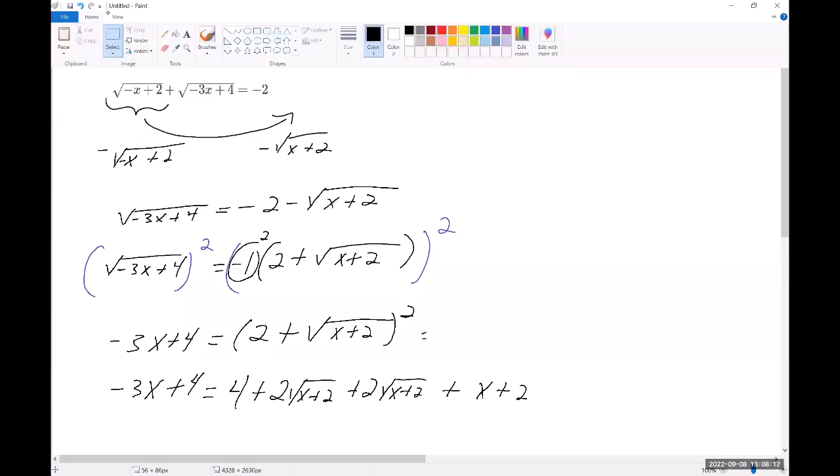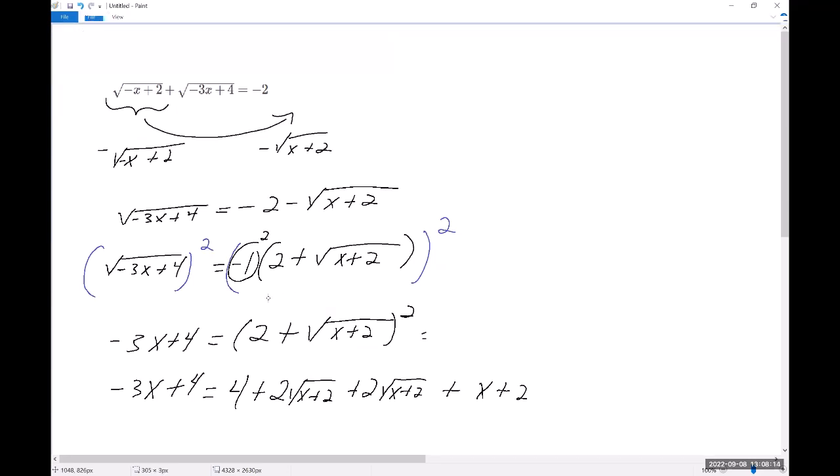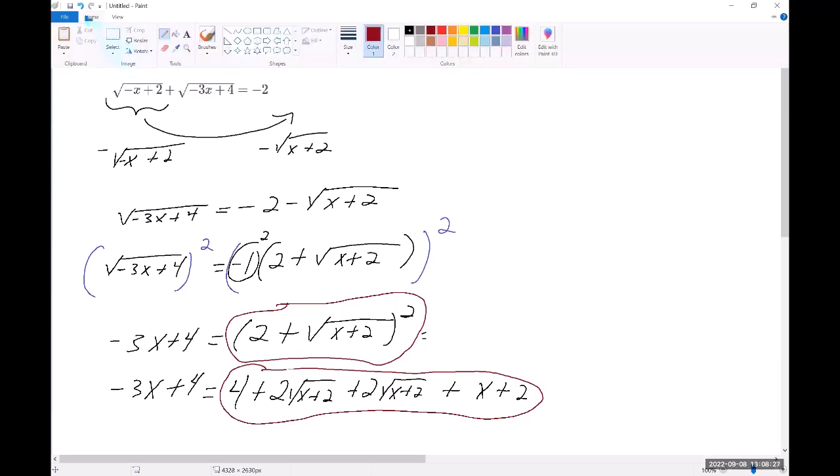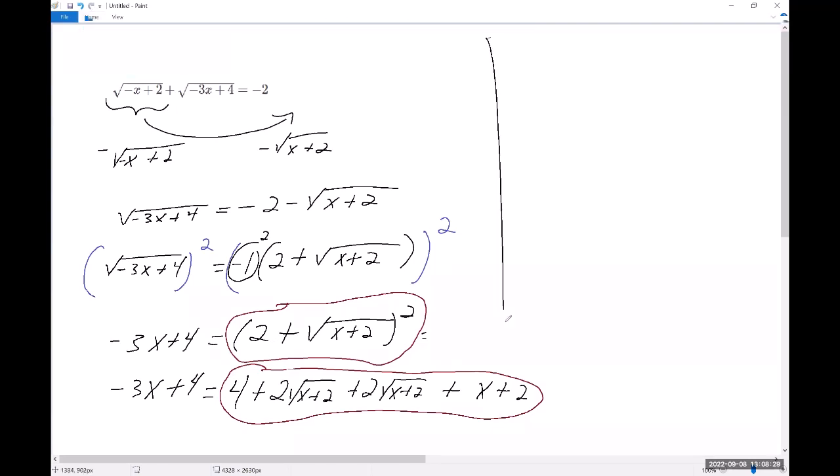So I guess what I'm saying is you need to know that this yields this. All right, so now let me just copy the right side. So negative 3x plus 4. I'm sorry, copy the left. Did I say left or right?